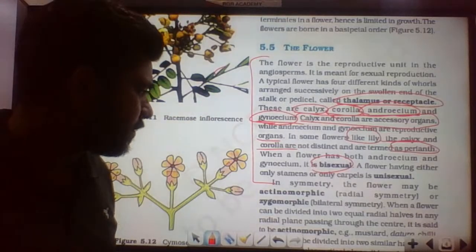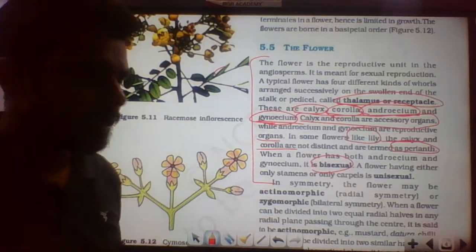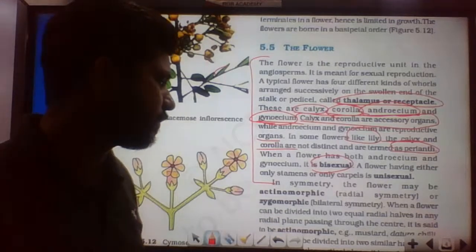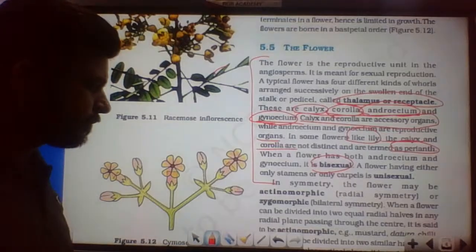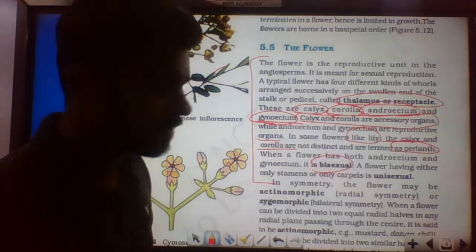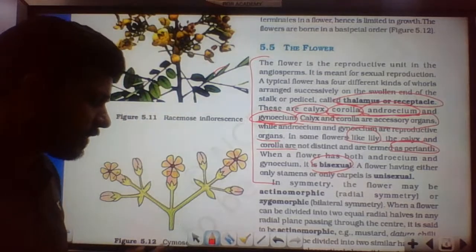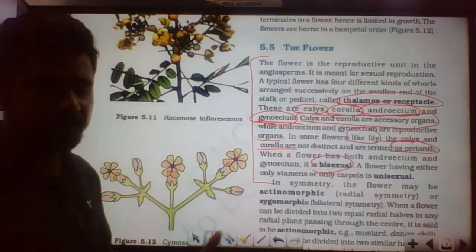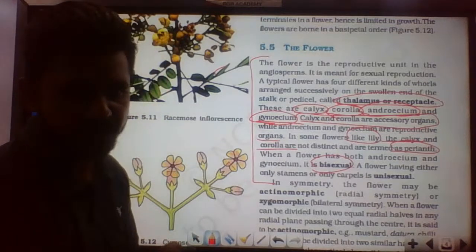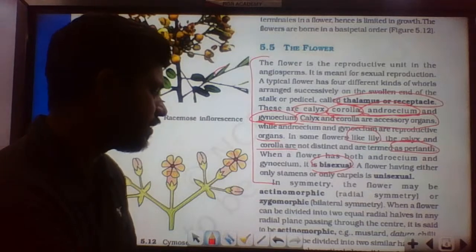The next important one is symmetry. Here we have a couple of examples. The first one is actinomorphic symmetry, also known as radial symmetry. The second one is zygomorphic, and the third one is asymmetric.